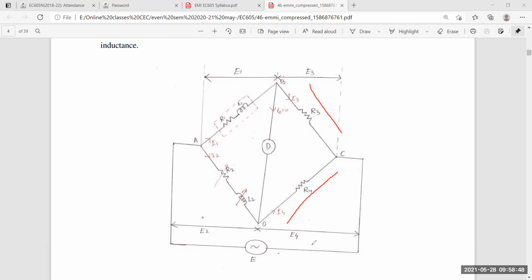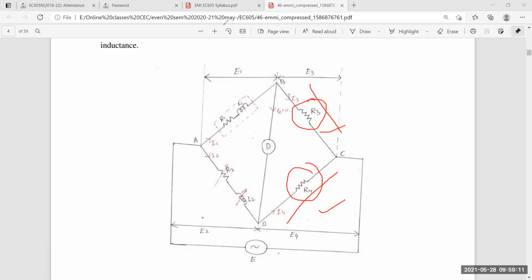That means no inductance is connected here, only resistance. R3 is connected here and R4 is connected here. So two branches, BC and CD, have non-inductive resistances R3 and R4. I think this is clear to all.